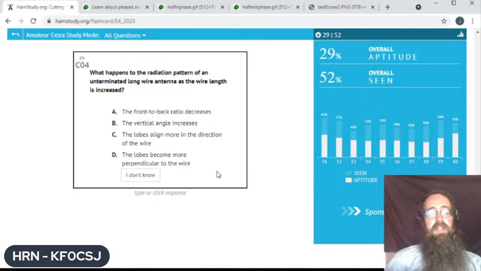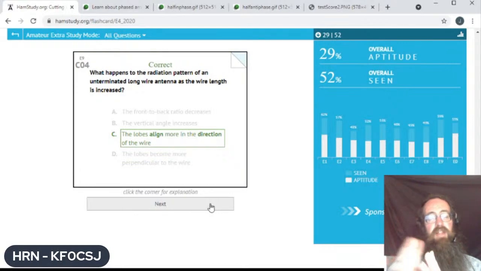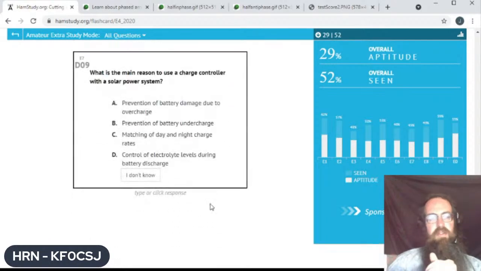And I believe that with the end-fed half wave the lobe is in the direction of the wire, so I'm going to go with C. Yeah, I believe the lobes of an end-fed half wave follow the direction of the wire. So that is why the answer is C, and when you lengthen the wire, it's becoming more like an end-fed half wave.